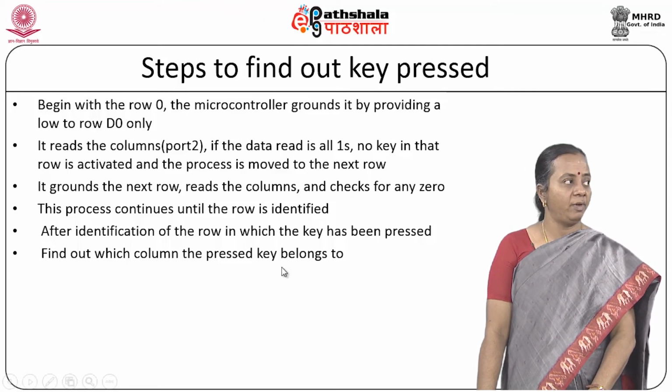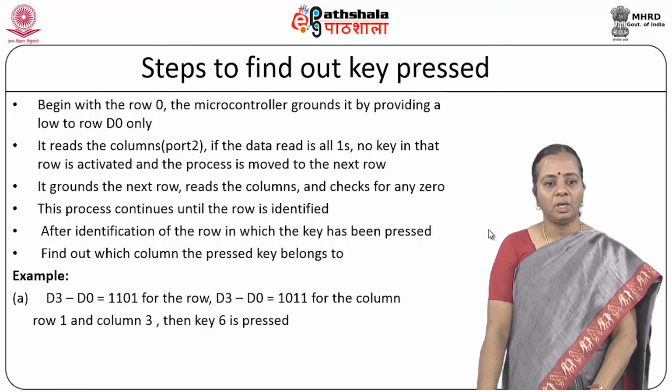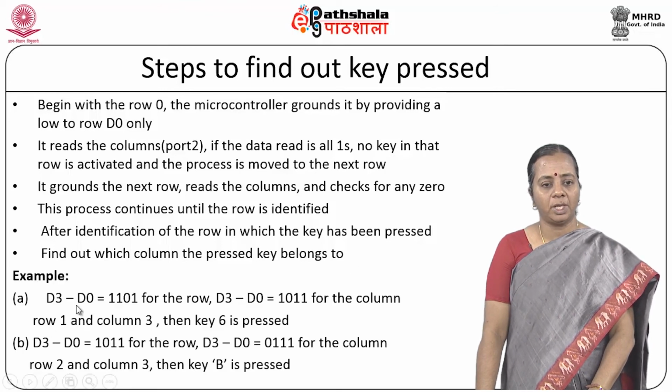So by identifying the row and the column together, I should be in a position to find out which key is pressed. So for example, if I am finding that D3 to D0 is 1101, then in the column D1 is the place where the key is getting pressed. D3 to D0 with the column, if this is 0, then row 1 and column 3 is pressed.